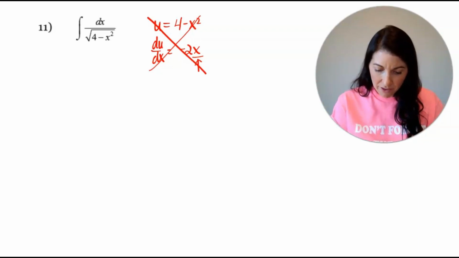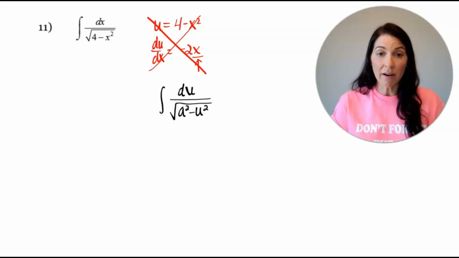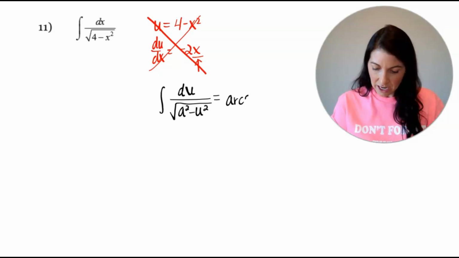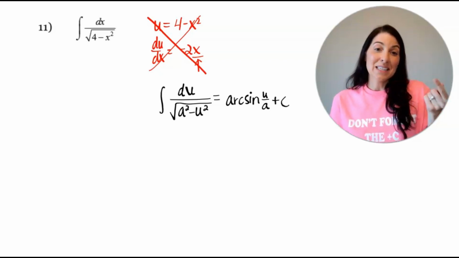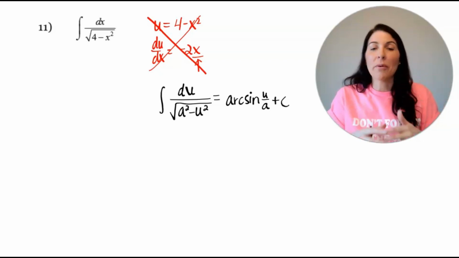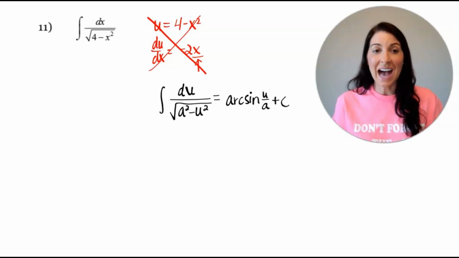So if you have the integral of, for example, let's use du divided by the square root of a squared minus u squared, that is going to equal arc sine of u over a plus c. And I can see that this problem has that form. And we already tried to make what's underneath the radical our u, and we found that that did not work.